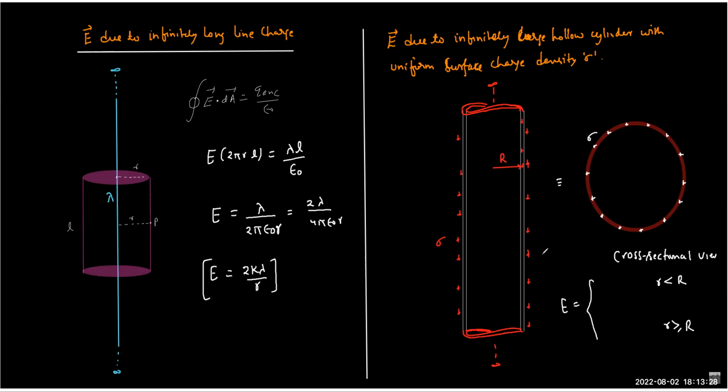All right, guys. So you can tell me the answer. Not very difficult. So what will be the answer for inside? Is it audible? So what is the value of E inside the hollow cylindrical shell?